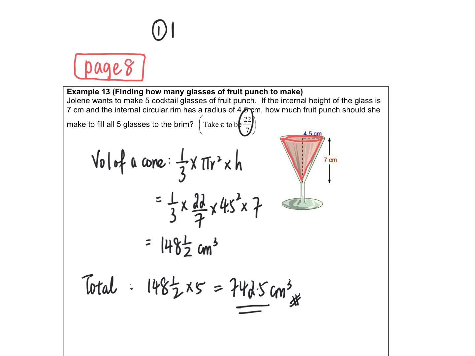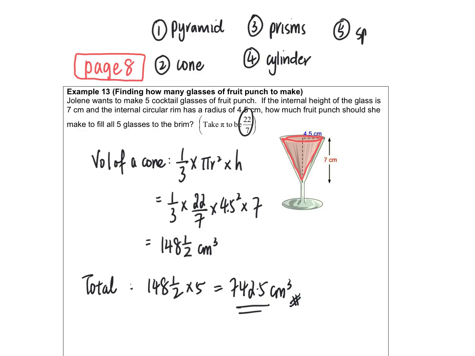The first one we learn is pyramid, which is done. Second one is cone, like what we are just learning. Third one will be your prisms. Fourth will be your cylinder. And then fifth will be your sphere. So all these 5 shapes is a combination of sec 1 and 2 shapes that you will be learning.